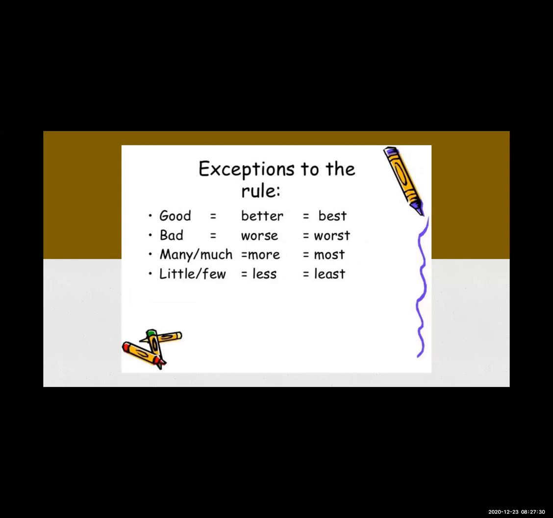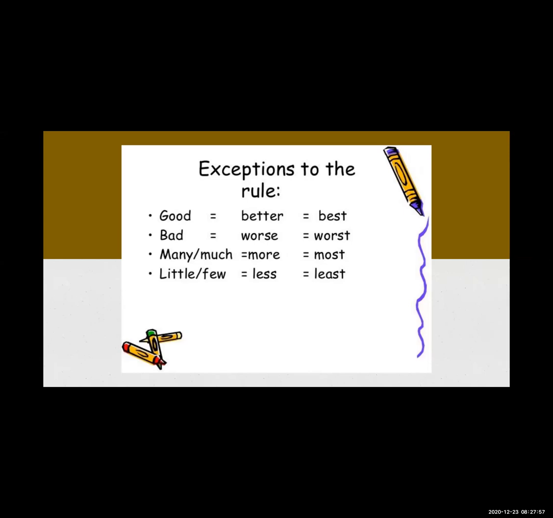Now again there is an exception to this rule. As earlier also we have seen, good was better, bad was worse, many or much was more, and little or few was less. In the superlative form, good, better will become best, bad, worse will become worst, many, much will become more or most.